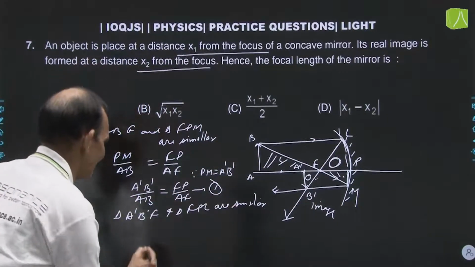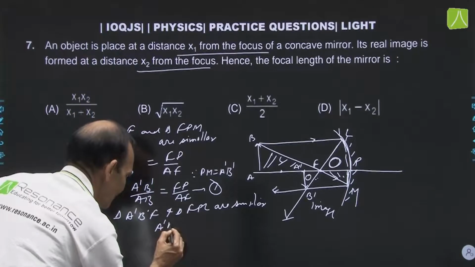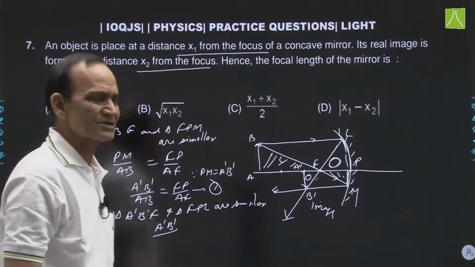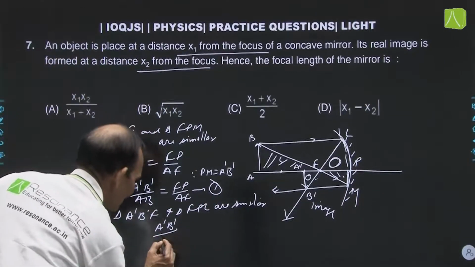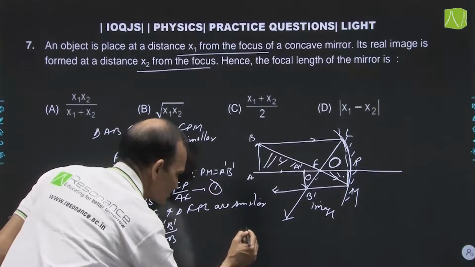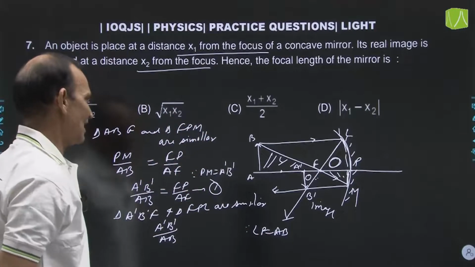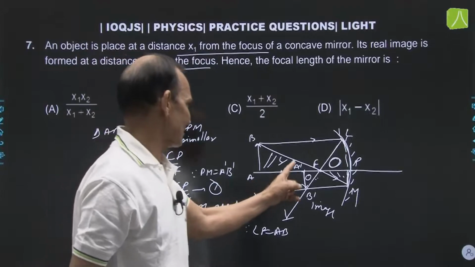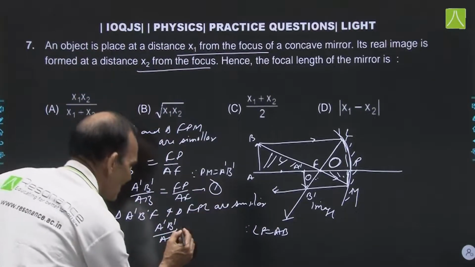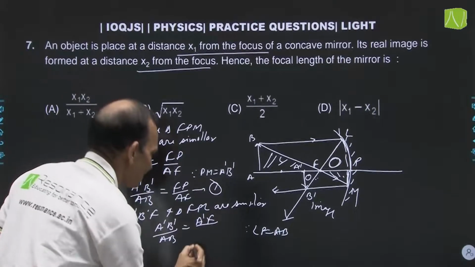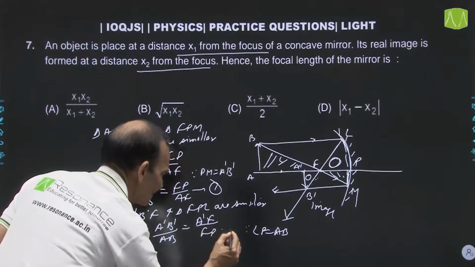So we can also write A'B' divided by LP, or AB, same thing, because LP is equal to AB. That will be equal to A'F divided by FP. This is number 2.